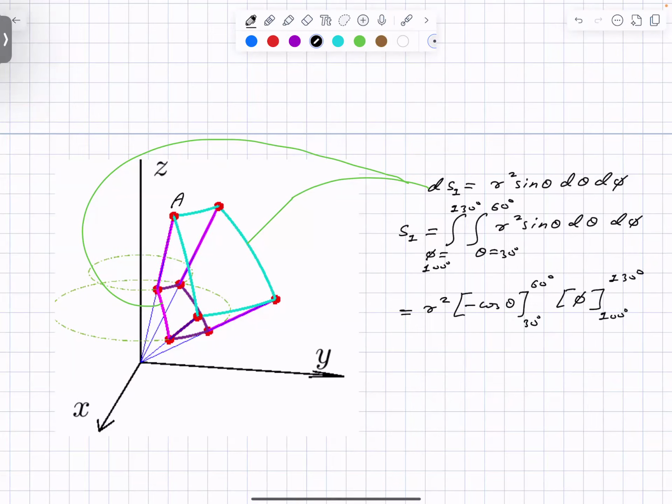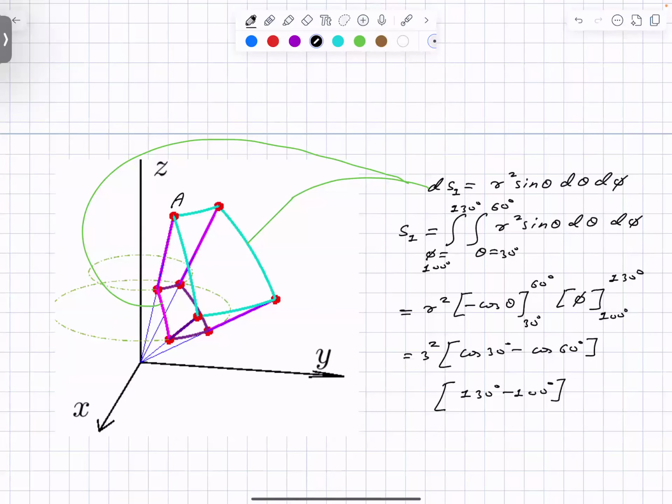And remember, r equals 3 for this surface. So we set r equals 3. And then in the middle here, we have cosine 30 degrees minus cosine of 60 degrees. And finally, we have 130 degrees minus 100 degrees. And again, this is area, so our angles cannot remain in degrees here.